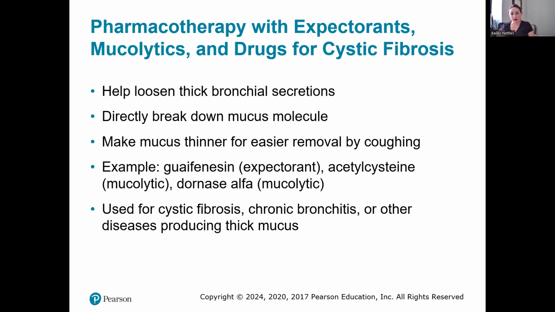These medications are used for cystic fibrosis, chronic bronchitis, or other diseases that produce thick mucus. So emphysema, the asthma that we were talking about with the antitussives, they need the expectorants. They need to help get it out. That's why they say don't use antitussives with those and use this, okay? But that's really it. It's pretty short, simple, straight to the point.